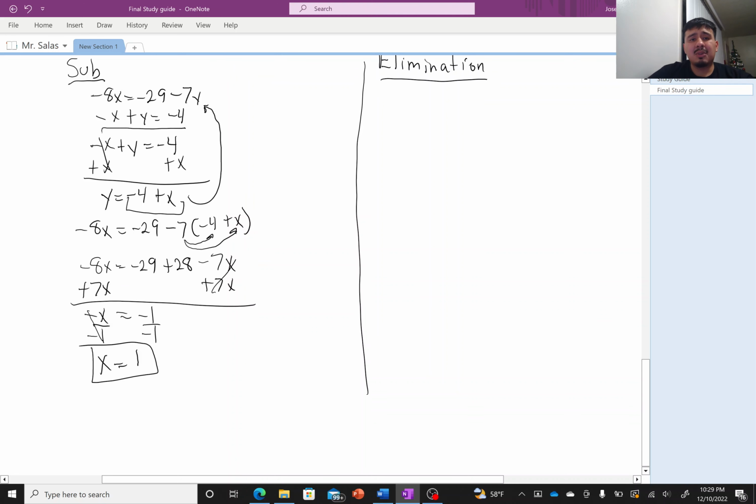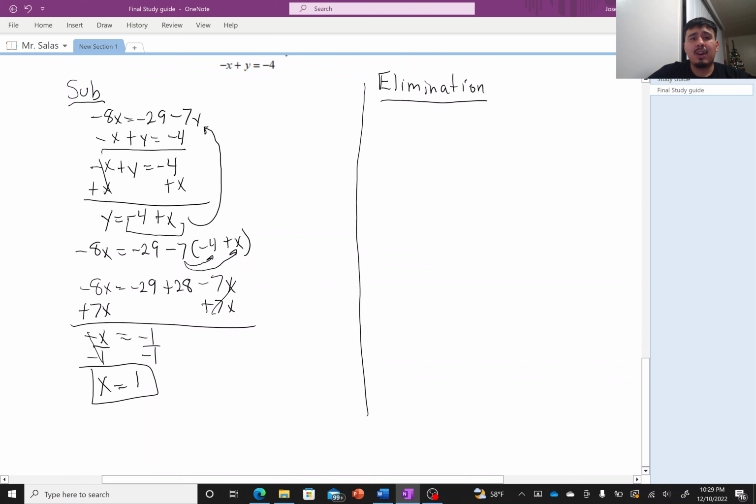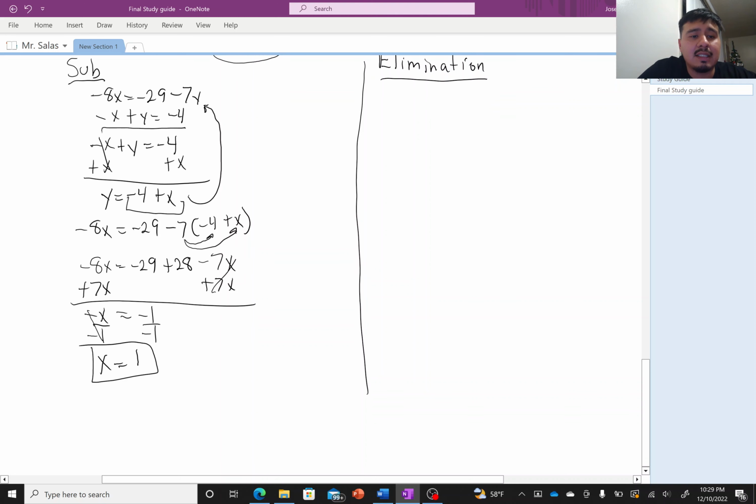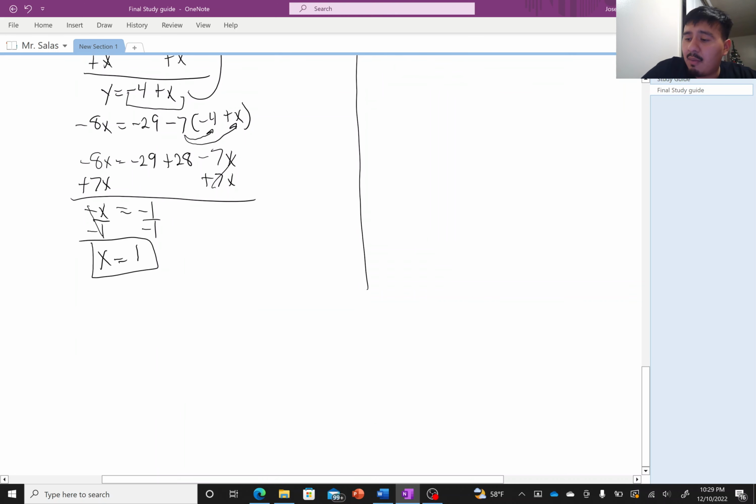Now that we got x is equal to 1, are we done? No, we are not. We're still going to plug in our x into one of our two original equations. The equation that I'm going to plug it into is this one. This is the easiest one to plug it into. So I'm going to go ahead and take x and just plug it in there. I get negative, instead of an x, I'm going to put a 1.